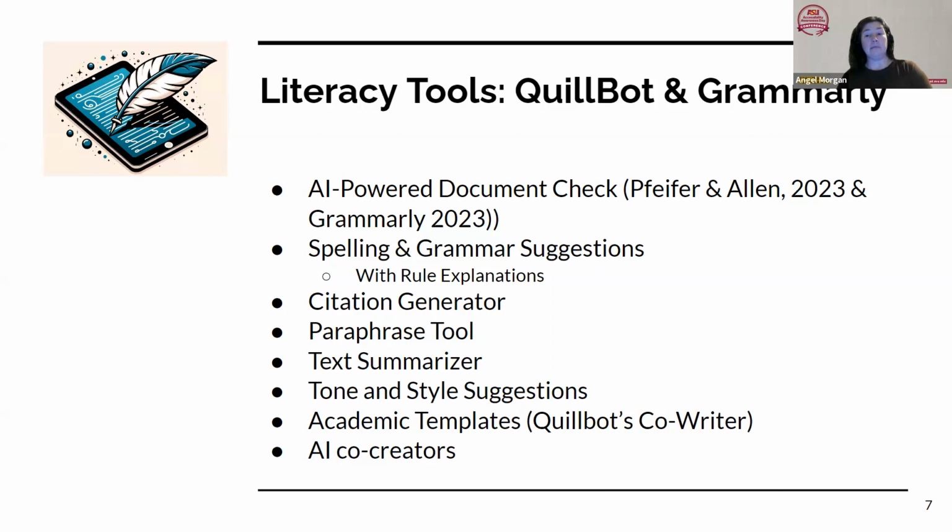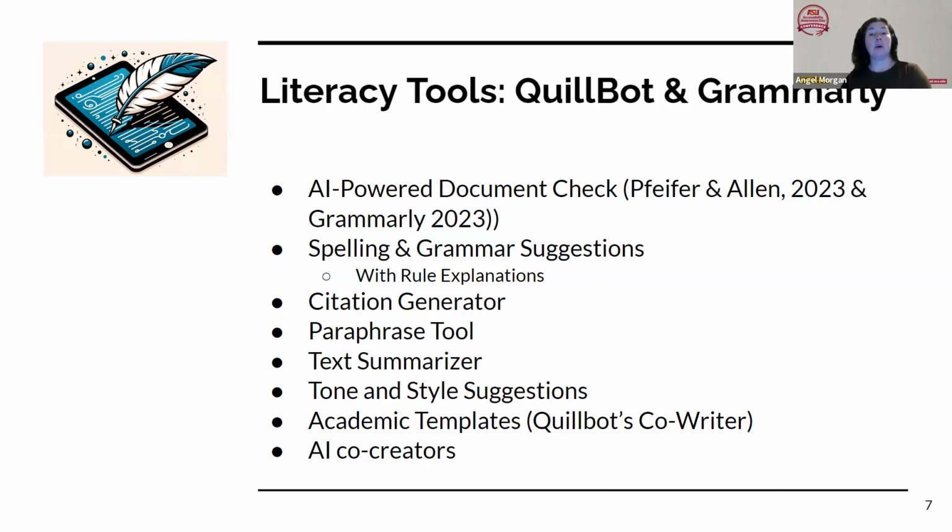Furthermore, Quillbot has a feature called a co-writer that provides academic templates for various formatting styles like APA and MLA, as well as for literature reviews and research proposals. So there are features out there that will help students sort of structure and learn how to write in specific formats with informed feedback as they're writing.